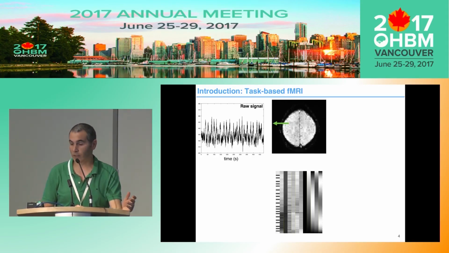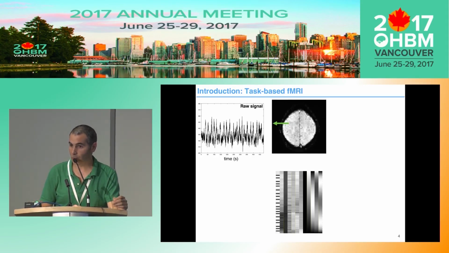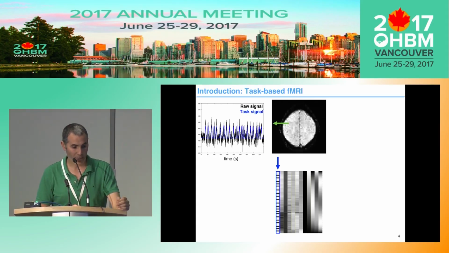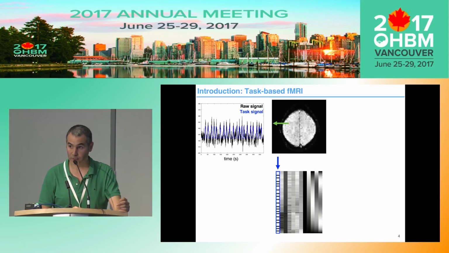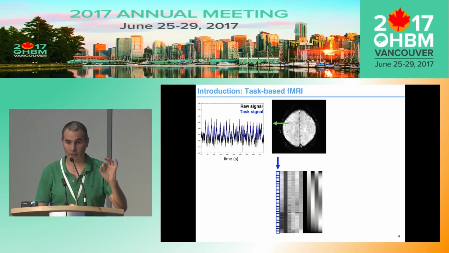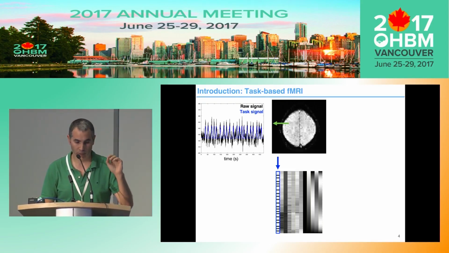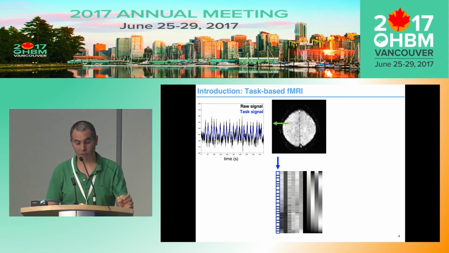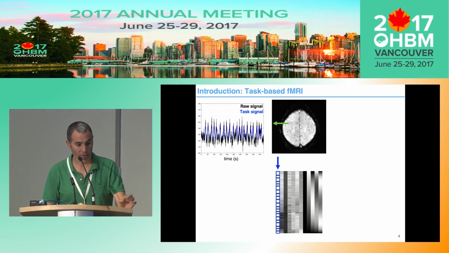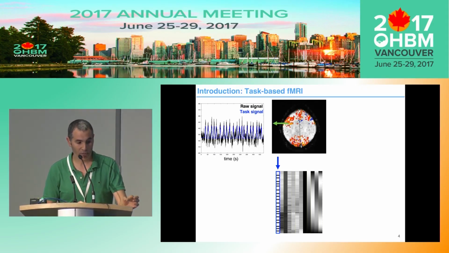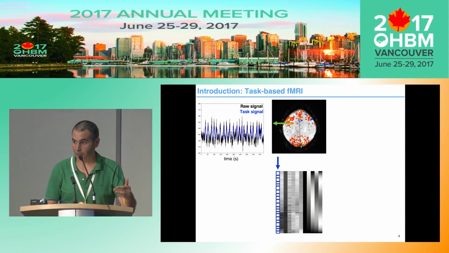In order to analyze that, we define a regressor: we hypothesize the hemodynamic changes that should follow, considering the timings and the durations of our events, and then we fit that regressor to the signal in all the voxels in the brain, so that we can estimate the amplitude of the response to that particular regressor.